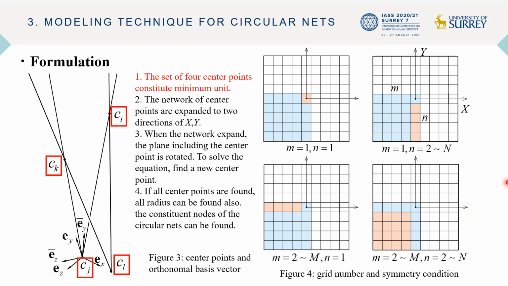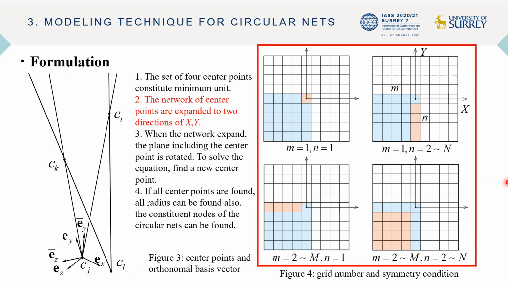This slide shows the modeling technique for circular nets. First, a set of 4 center points constitutes the minimum unit. Second, the network of center points is expanded in two directions, x and y.